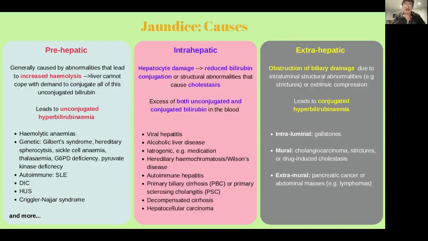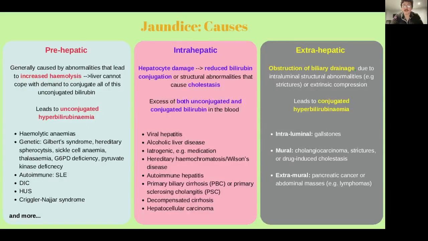Intrahepatic, so it's basically anything that directly damages the liver and the hepatocytes, and it leads to both an increase in unconjugated and conjugated bilirubin. Because if you damage the hepatocytes, it reduces their ability to conjugate bilirubin, but you can also get structural damage to the liver that can impair bile flow, causing obstruction, leading to some conjugated hyperbilirubinemia as well.